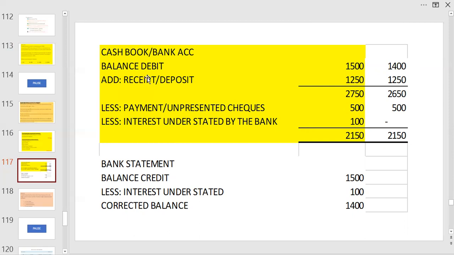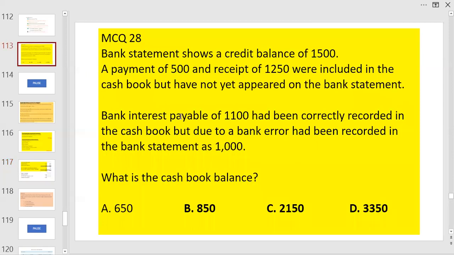And also, there is another detail given here. The company has entered the bank interest payable, correct, but the bank has not. Therefore, the bank balance will be more, and the company balance will be less.